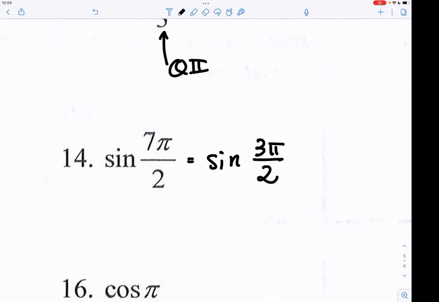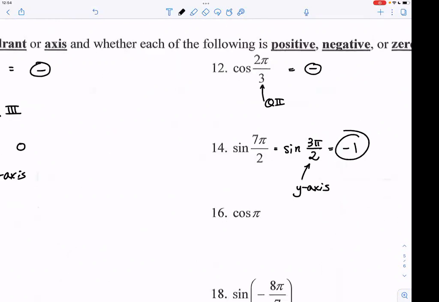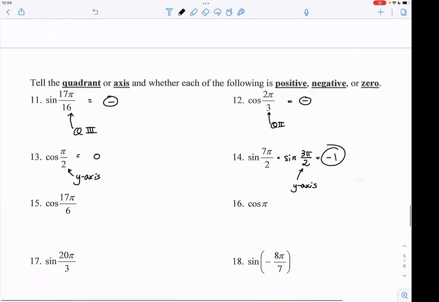So we subtract one revolution from this big angle. So 3 pi over 2, it's also on an axis, but down there. And it's sine of 3 pi over 2. That means it's the y value. What's the y value over there? Negative 1. Okay. So when you see big angles, that's what you do.